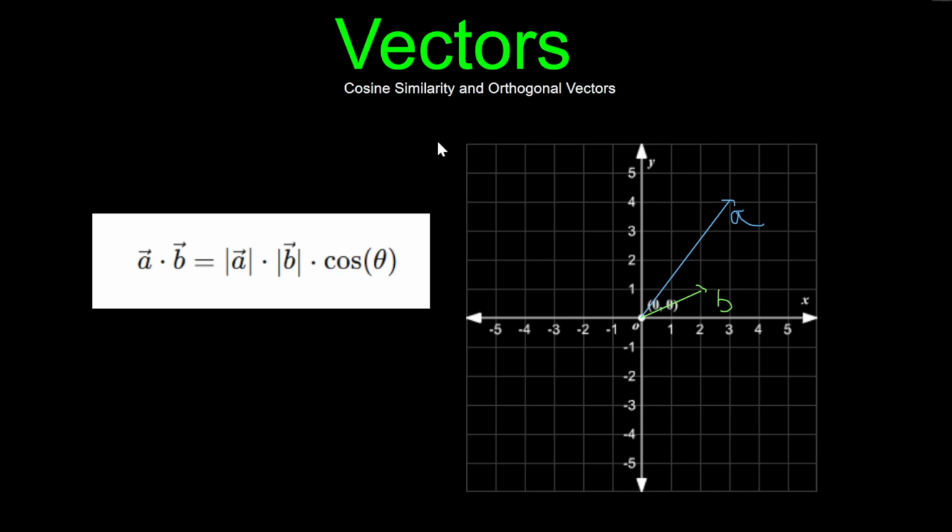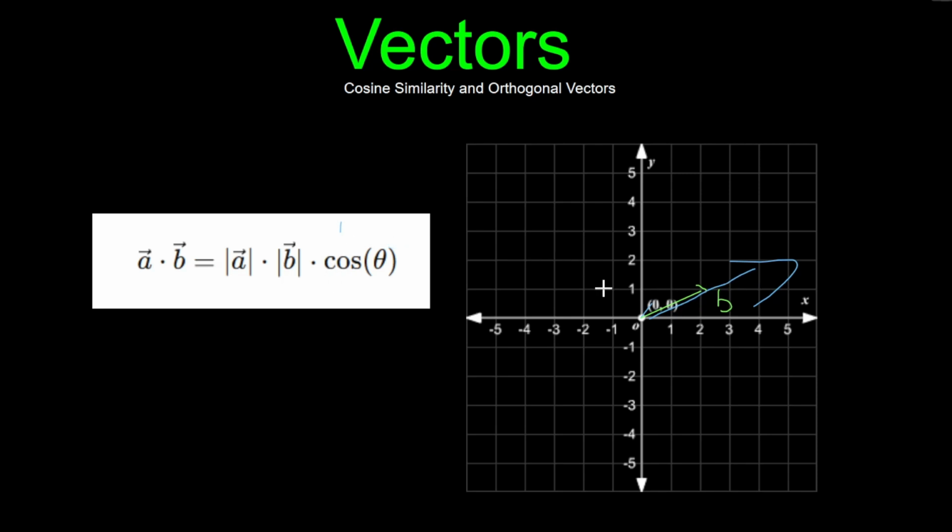Let's talk about cosine similarity and orthogonal vectors. By this equation, you're familiar with the cos theta value. Calculating the cos theta value from this equation gives the cosine similarity. If the vectors are completely coinciding with each other in the same direction, the cos theta value will be 1 because the angle between them is 0, which means the vector is completely similar to the other vector.